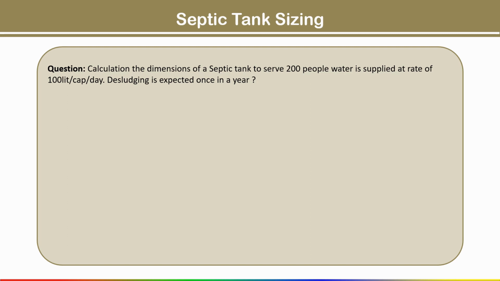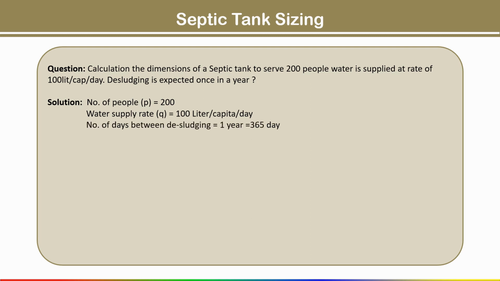So here just write down in the solution whatever is given. First of all, the number of people, small p, is given as 200. You can see the water supply rate, small q, is given as 100 liter per capita per day. And the number of days between desludging is expected once in a year, so in 1 year, how many days? 365 days.